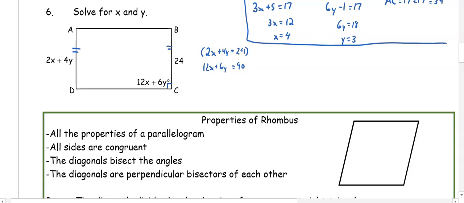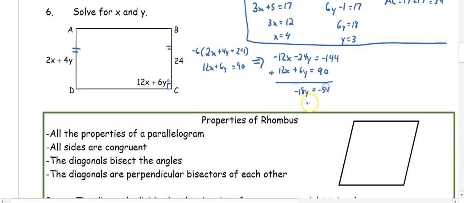So I'm going to multiply the first equation by negative 6. So I get negative 12x minus 24y is equal to negative 144. And then we have 12x plus 6y is equal to 90. So when we add straight down, negative 18y is equal to negative 54.